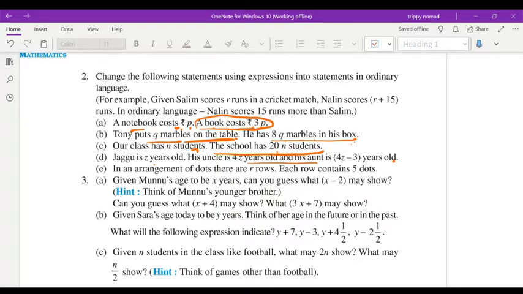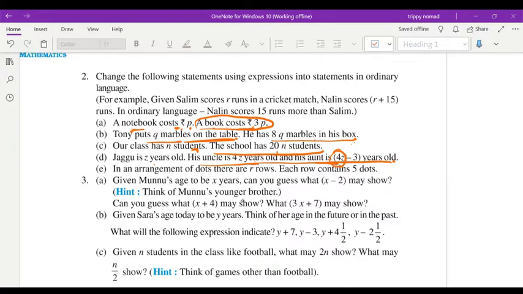Jagu's uncle is 4 times older than Jagu, and his aunt is 3 years younger than his uncle, because uncle was 4Z.